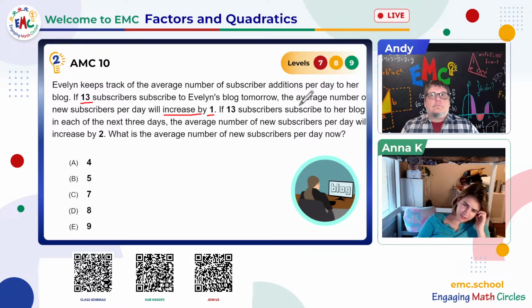Definitely below 13. Our options are all below 13, right? Right now we are below 13 because when I add 13, it's going to increase.